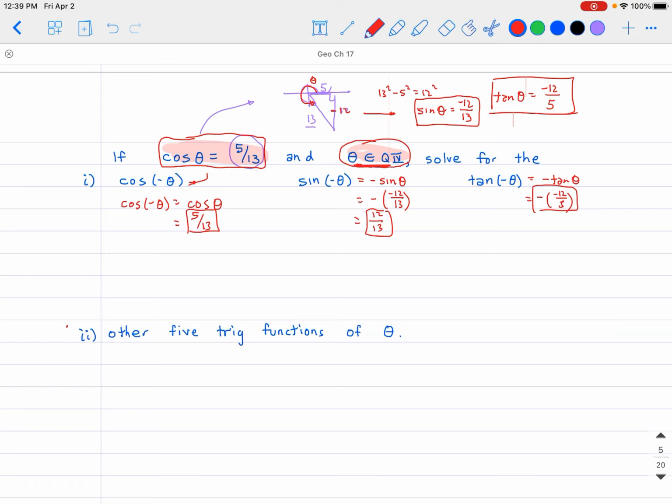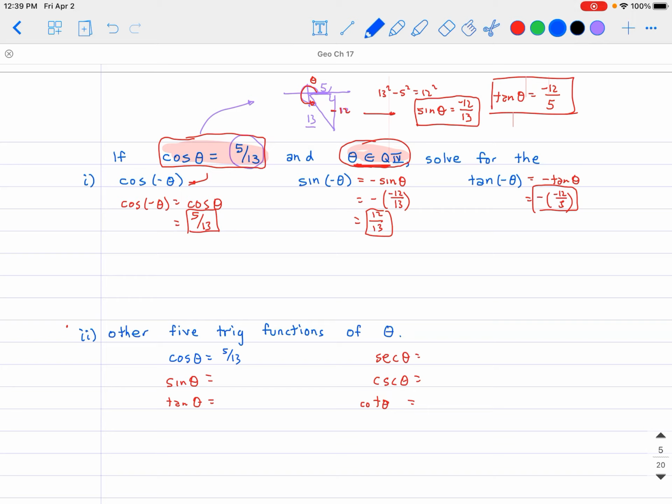When I refer to the 5 other trig functions, I mean all of the following: I want to know what sine of theta is equal to, what tangent of theta is equal to, what cosecant of theta is equal to, what cotangent of theta is equal to, and also what secant of theta is equal to. The only known right now is cosine of theta is equal to 5 over 13.